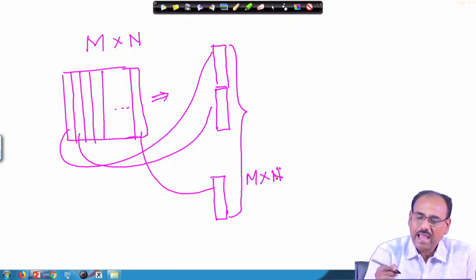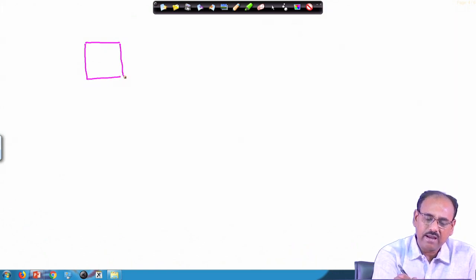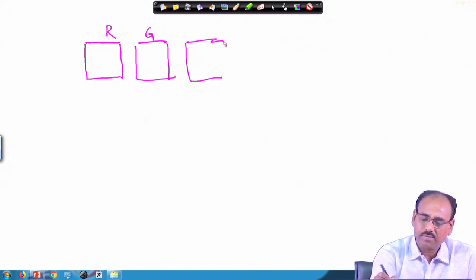Likewise, if I have a color image, then in a color image we have three different planes: the red plane, the green plane and the blue plane.